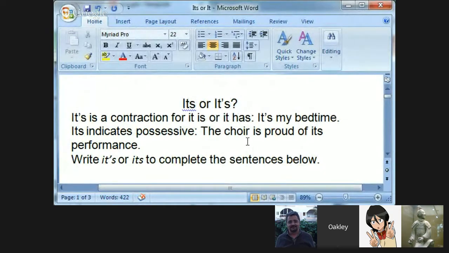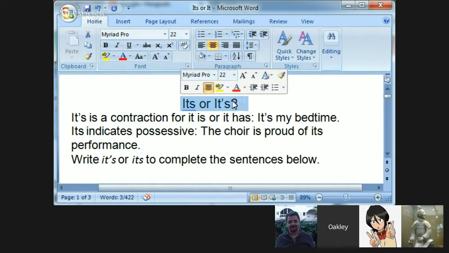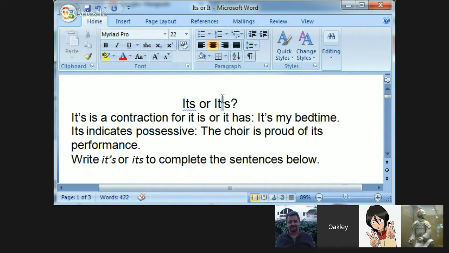Now, one question that many students get confused about is its or it's. Well, first of all, it's pronounced exactly the same. However, one has the apostrophe and is a contraction.